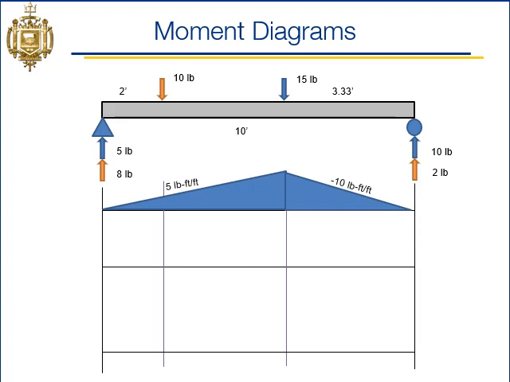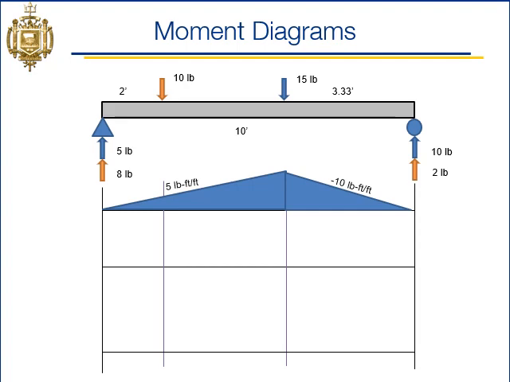So another way we can attack moment diagrams is we can also add up the slopes of our moment diagrams. Essentially, the slope is just a linear equation, and so we can add those up. So that's sort of what we're going to have going on in this slide here. So our blue diagram has a slope of 5 pound-feet per foot on the left, and negative 10 pound-feet per foot on the right.